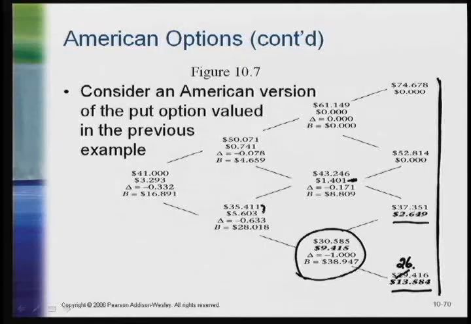You can see right here the option is in the money at the down node, and the value of the option is $5.60, which is more than the exercise value of $4.60. So you can see in all these other nodes that we are better off holding the option alive than exercising, but in this particular node, exercise was optimal.